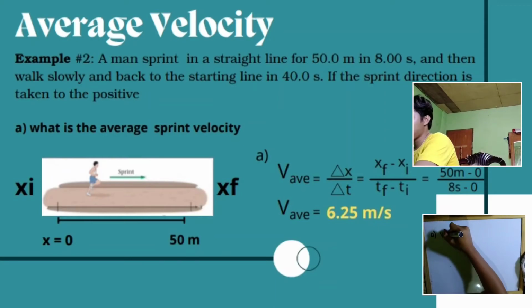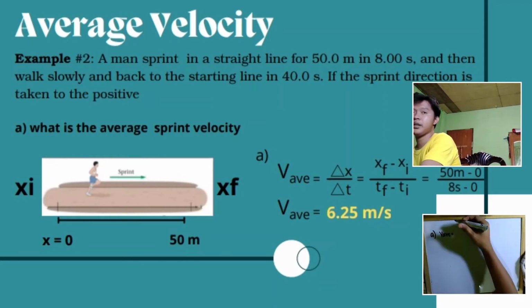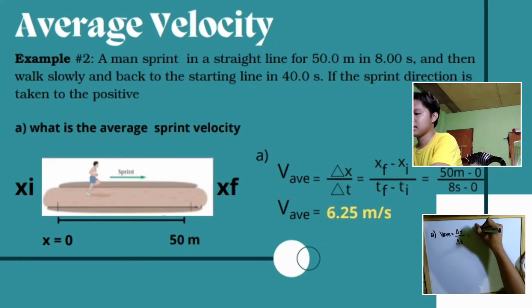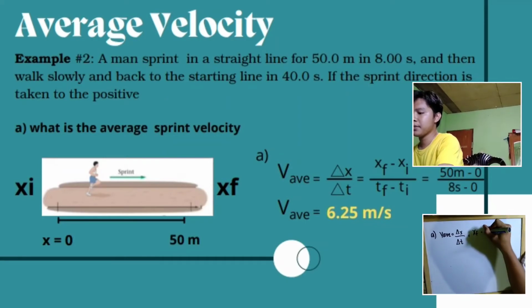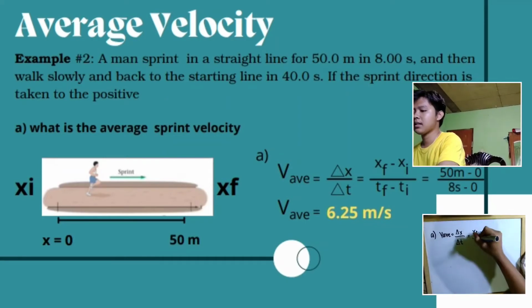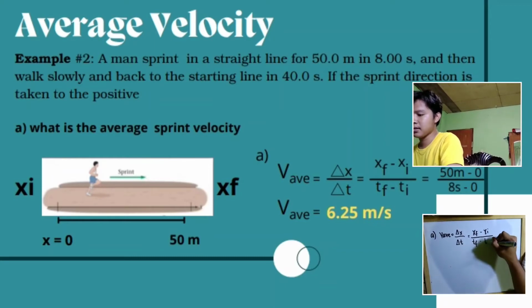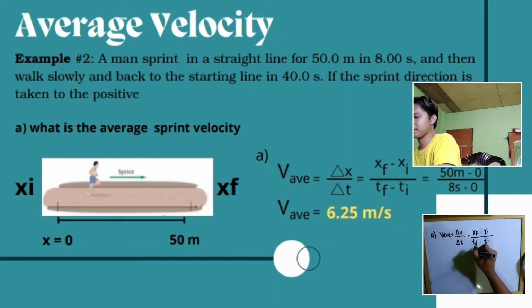So V average equals, here is our formula, delta x over delta t equals final position minus initial position over final time minus initial time.